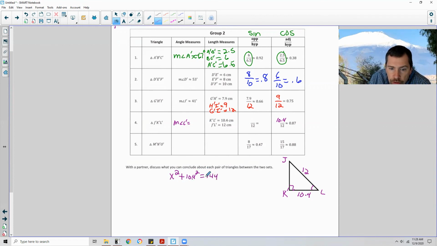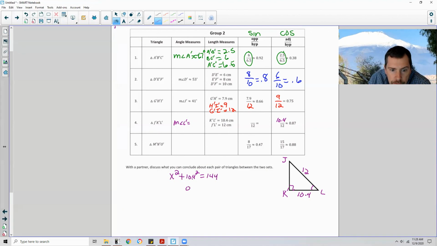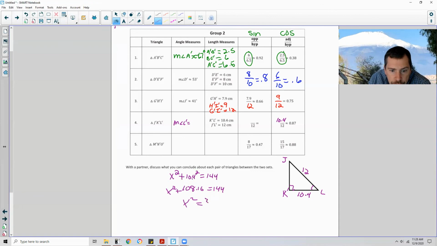I just multiplied out 12 squared. So 10.4 squared is 108.16. So x squared equals 144 minus that, and that is 35.84.